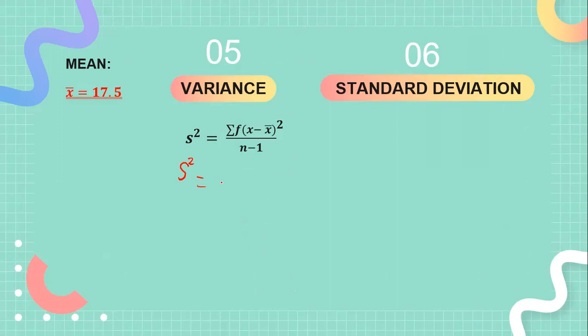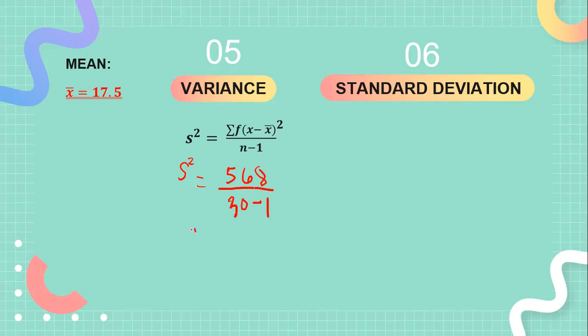Very good. It's 568. 568 divided by what is the total, class? What is our n? Okay, 30. Because our overall frequency is 30.